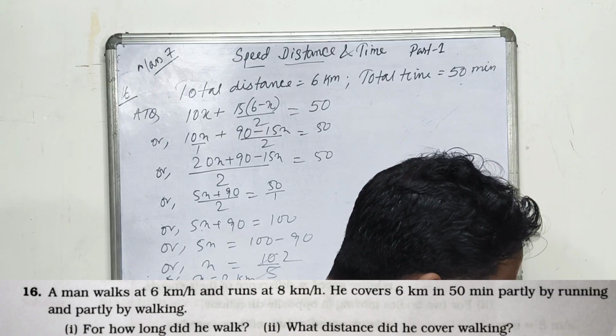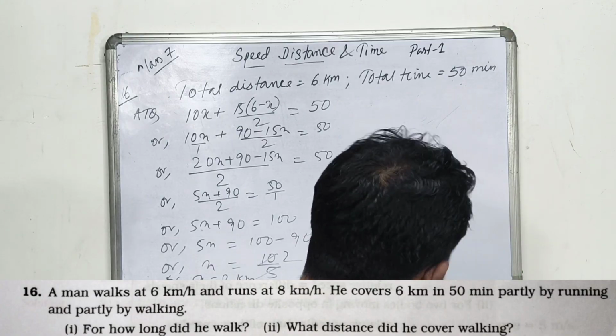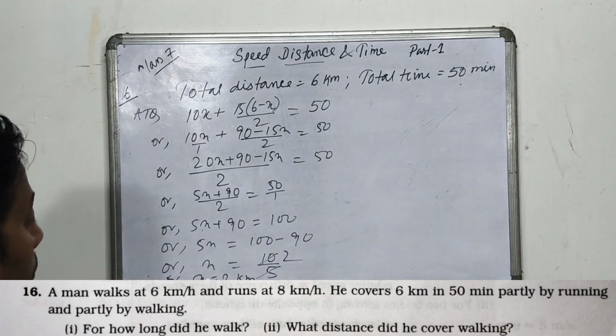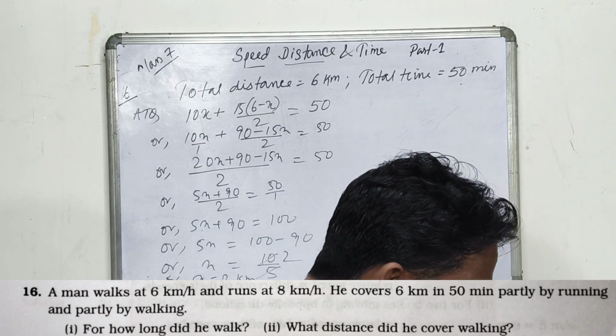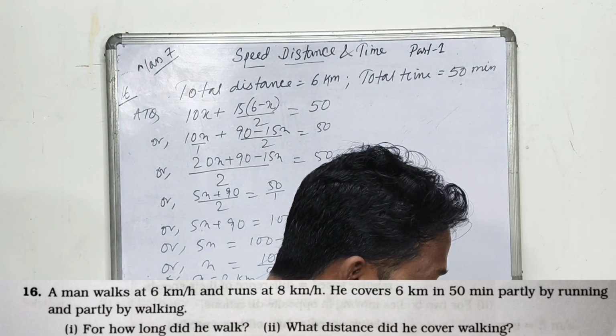So for how long did he walk? The first question: how long did he walk? In the first case the time taken is 10x, that is 10 into 2, that is 20 minutes. Therefore the man walks for 20 minutes. And the second question is what distance did he cover walking?